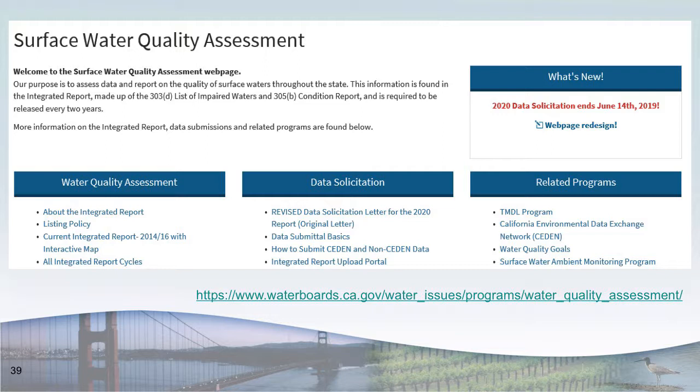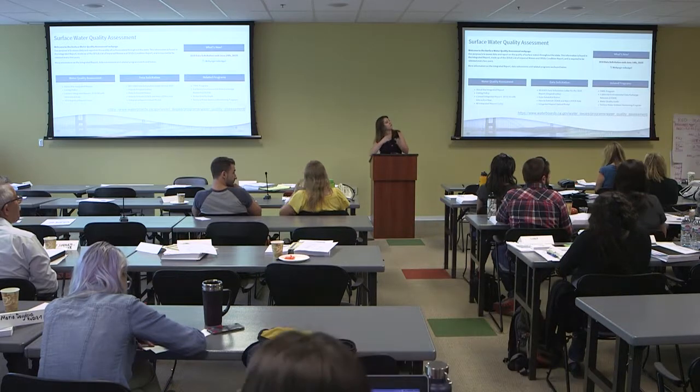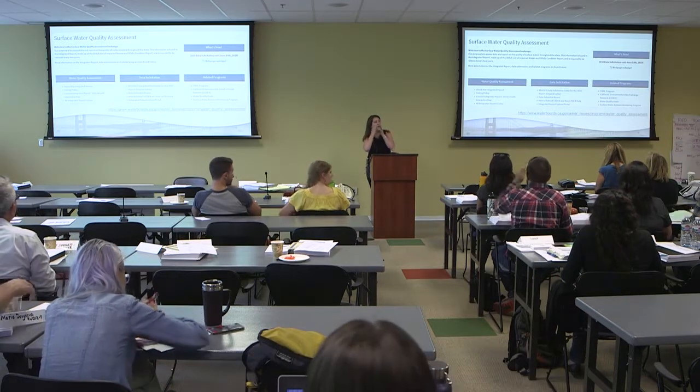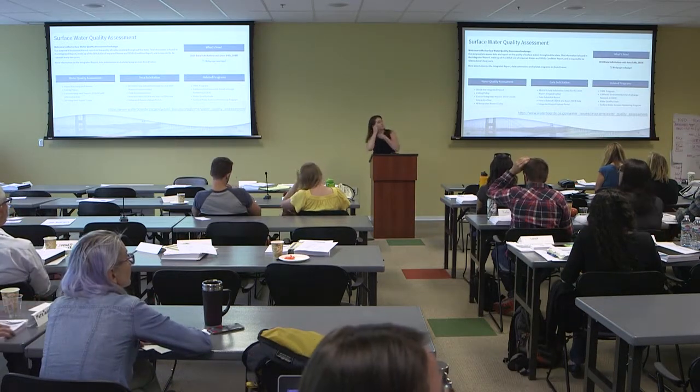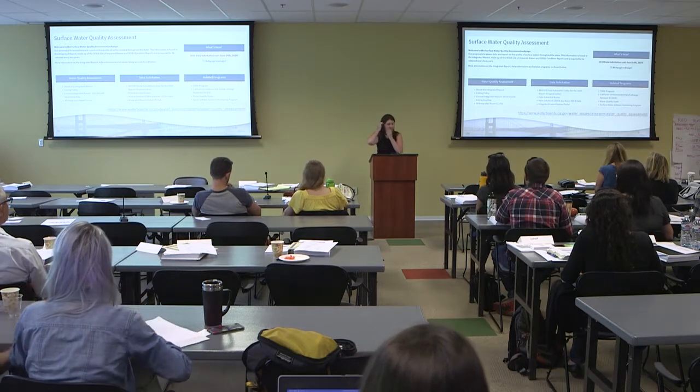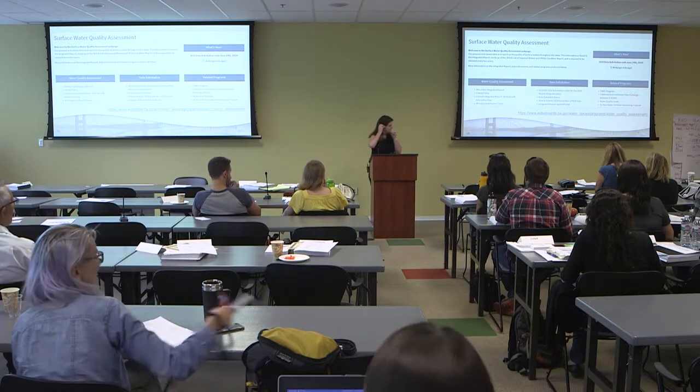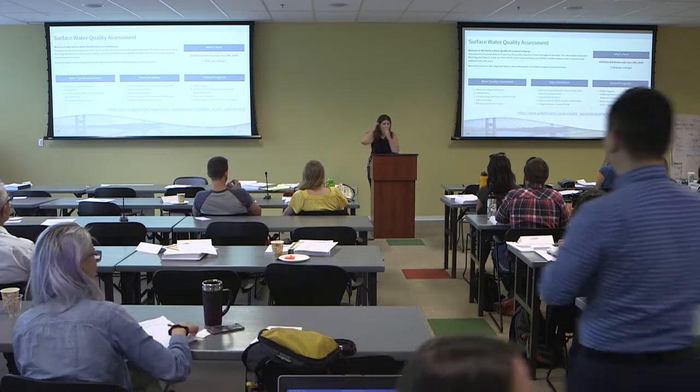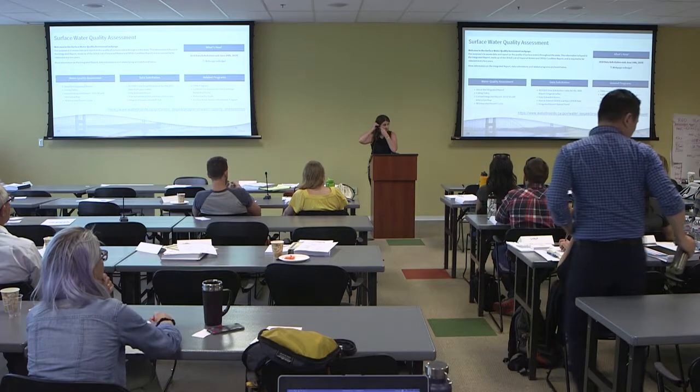So it's a pretty helpful website. There's also the Integrated Report Wiki, which has a lot of information too. Since you're pretty much all water board staff, you'll have access to it, and if you need to, after this, I can show you how to get to that.